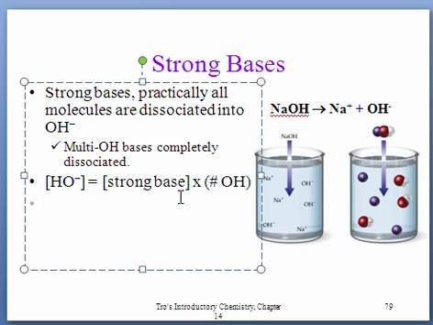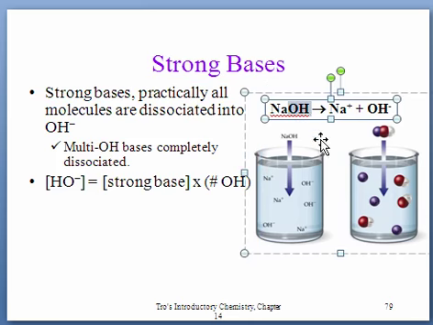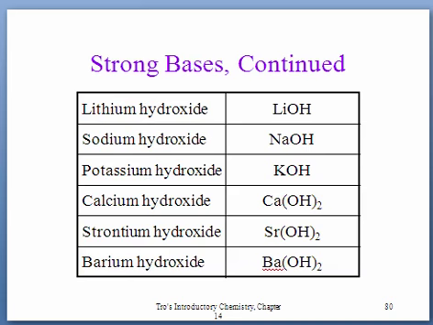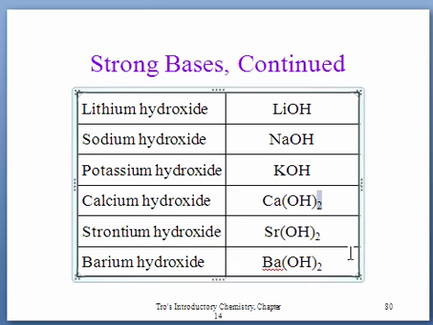However, there's one caveat. We can have a strong base that has more than one hydroxide. Sodium hydroxide just has one hydroxide, so its hydroxide concentration is equal to the concentration of the base. However, calcium, strontium, and barium hydroxide have 2 hydroxides for every mole of compound.